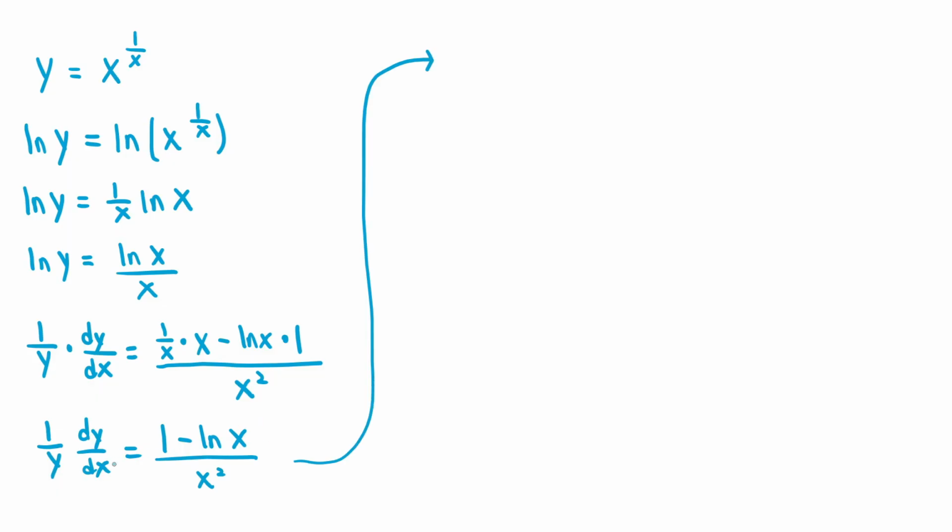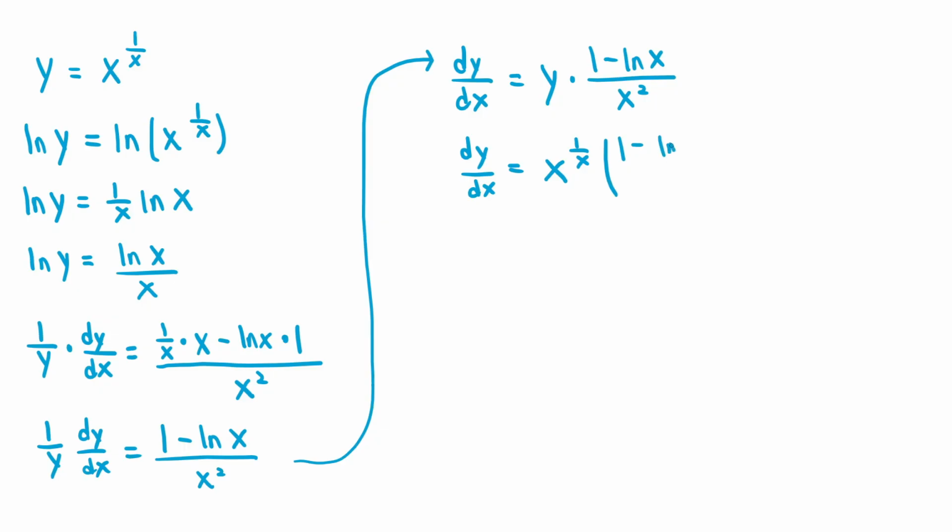To isolate the dy dx expression, we need to multiply both sides of this equation by y, and if we do that, we end up with dy dx equals y times 1 minus ln of x over x squared. And we originally set y equals x to the 1 over x. So this means dy dx is equal to x to the power of 1 over x times 1 minus ln of x over x squared.